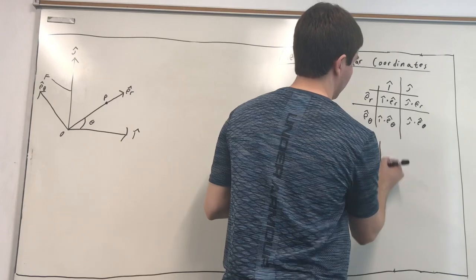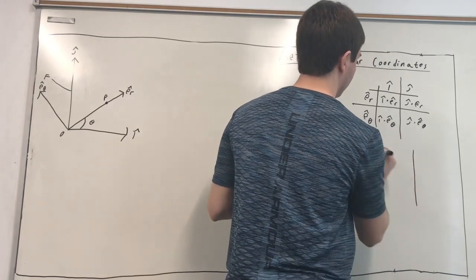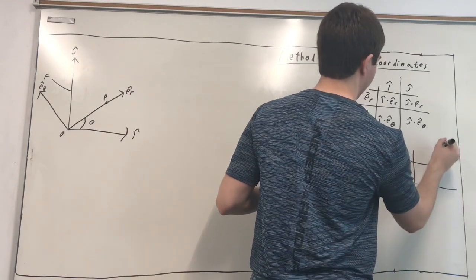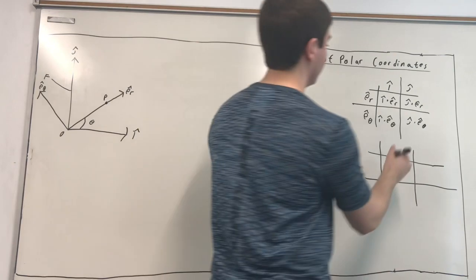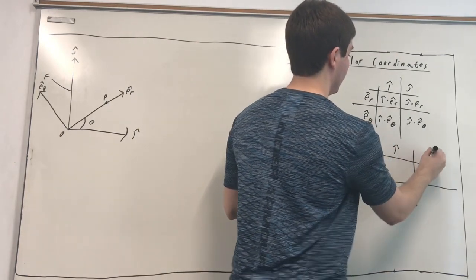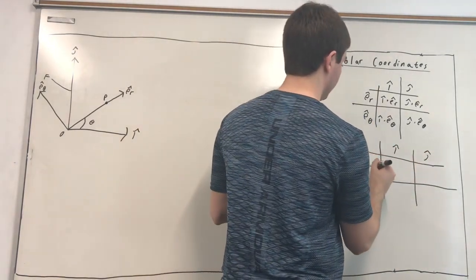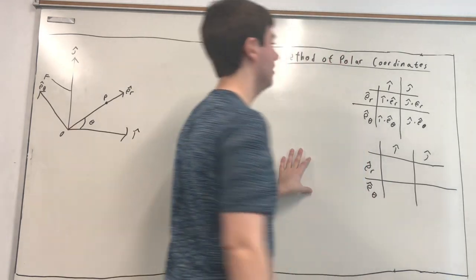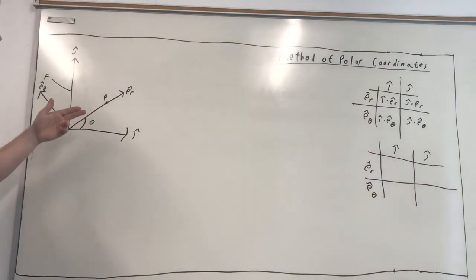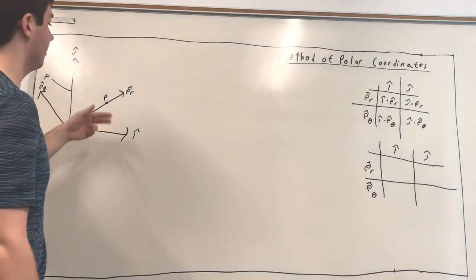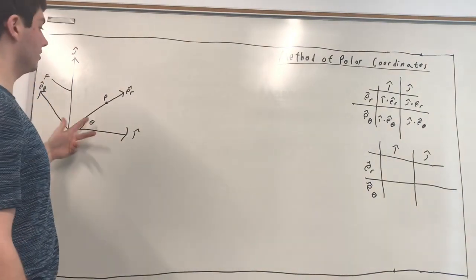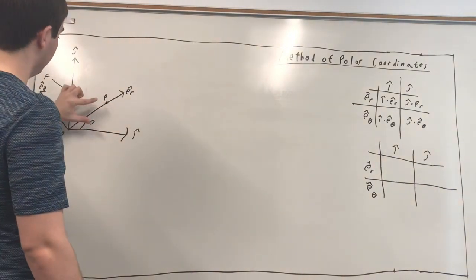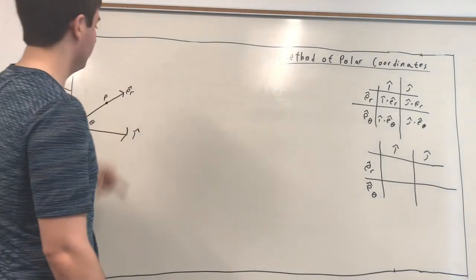Next I will show what these actually are. So it's the same transformation table but with actual values in it instead. Let's make it really big, I guess. So you have i hat, j hat, and you have e hat r, e hat theta. Then you come back to your diagram and you look at how e hat r and i hat are related. And using trigonometry, you say i hat dotted with e hat r is the cosine theta component of e hat r.